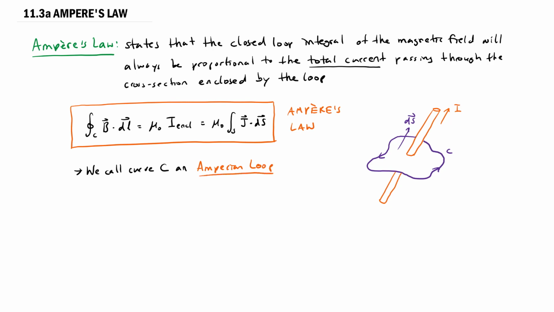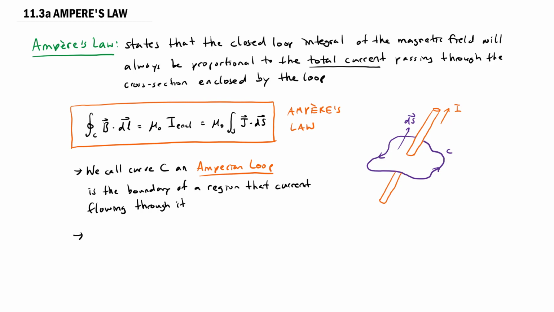So this is analogous to a Gaussian surface, and the Amperian loop is the boundary of a region that has current flowing through it. The only requirement for an Amperian loop is that it is a closed path. So in purple on the right, we have a closed path.